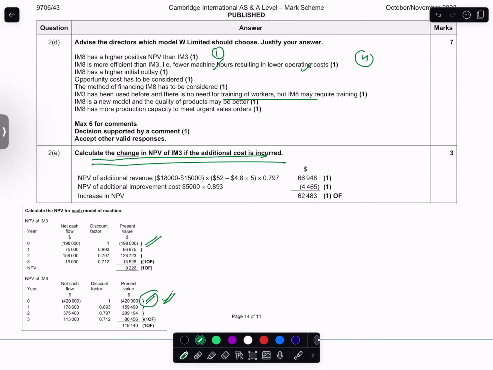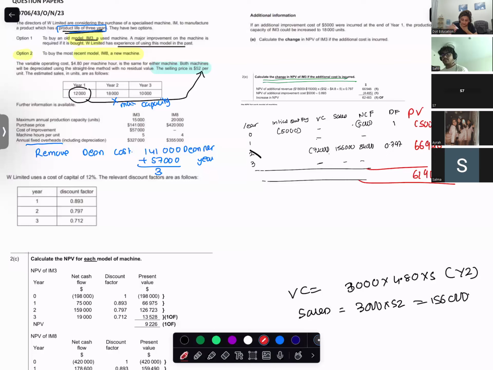Calculate the change in NPV of IM3 if the additional cost is incurred. For which additional cost? Now listen to me, Amaya. The question is that if you do additional improvement for IM3, the first one, the production capacity would increase to 18,000.